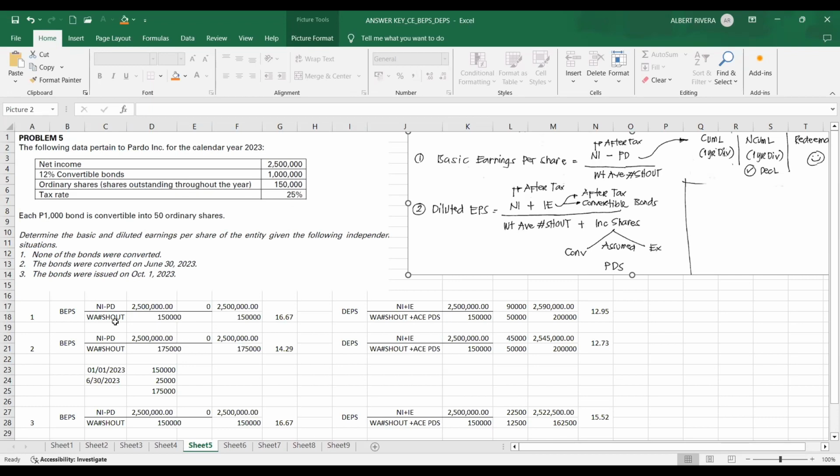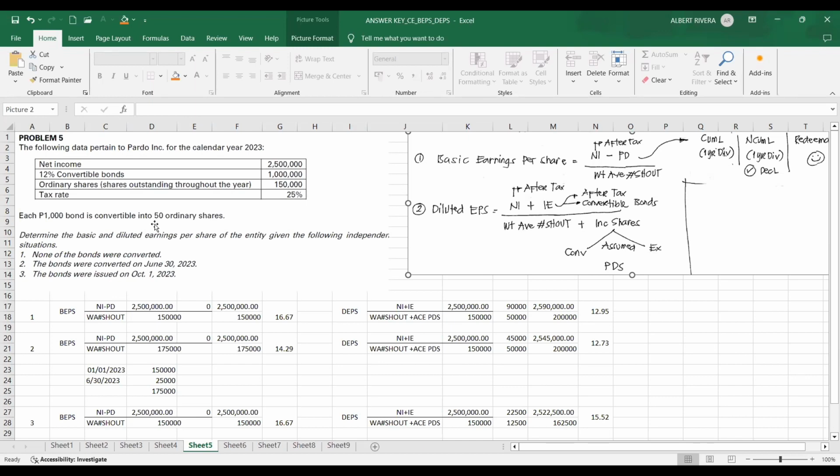So here, we have convertible bonds and the ordinary shares throughout the year is 150,000 and the tax rate is 25%. And it says here that each 1,000 bond is convertible into 50 ordinary shares. So that is what you call potentially dilutive securities.